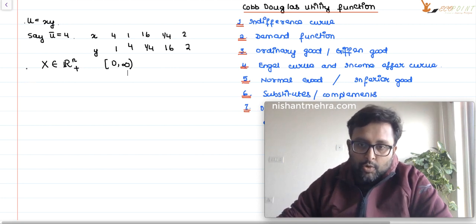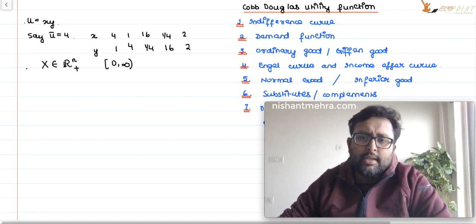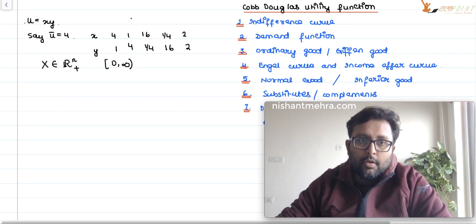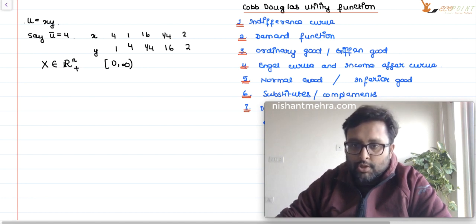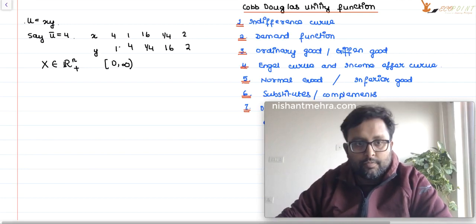So you can have 0 of a good, you can have positive units of the good, but you cannot have negative of the good, right? N is the nth dimension commodity vector. This is just 2 dimensions here, but you can also have x1, x2, x3 and so on to xn.